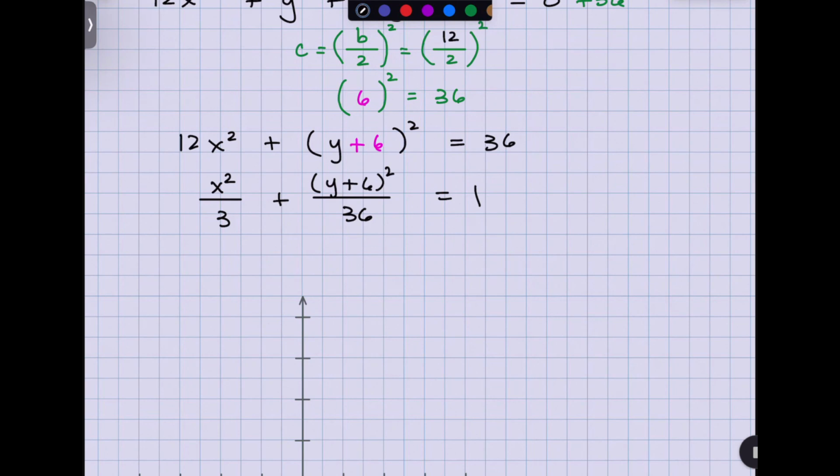Yes? Why can't you divide both sides by 12 and then divide both sides by 3? I guess you could, because you're still dividing by 36. Because you divide by 12 and divide by 3, you're dividing by 36. Right? Because 3 times 12 is 36. So you can do that.